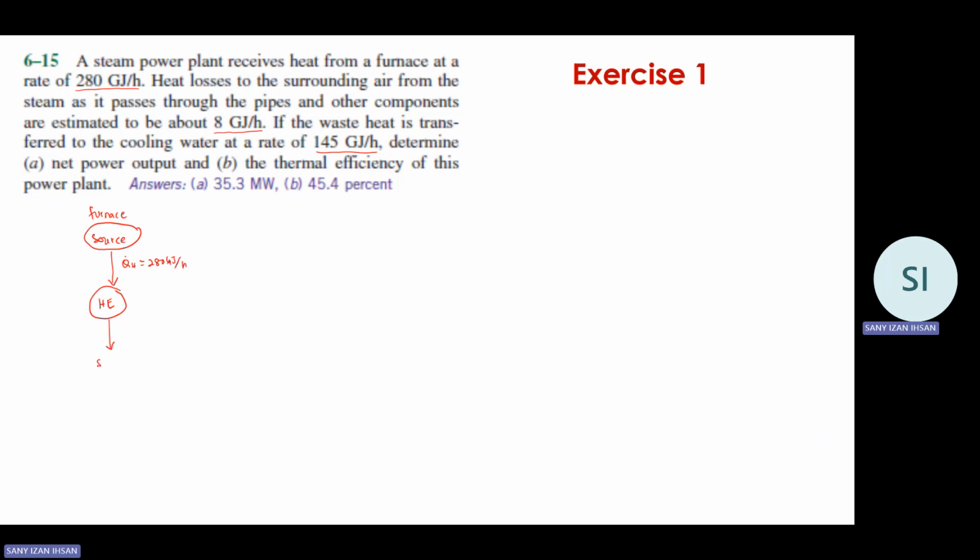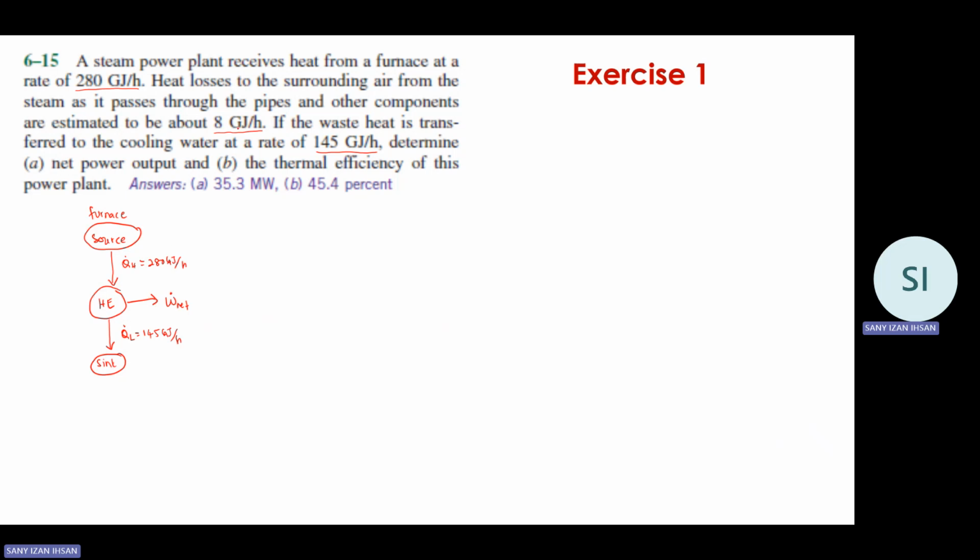So if you have a sink here, which is the cooling water, you are given that the amount of QL is equal to 145 gigajoule per hour. And of course this is the heat engine. We expect we're going to have this net work out from the system.